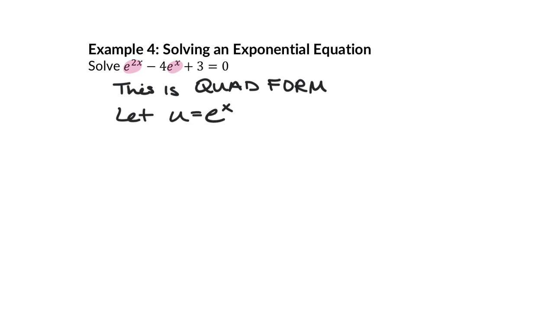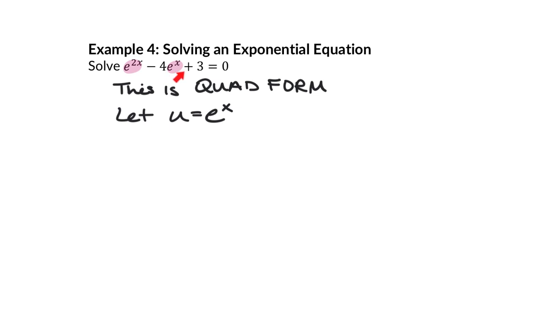If you think back to chapter 1, this is in quadratic form. When we solved quadratic form equations or polynomials, we needed to substitute something into the equation so that we could factor it easier. So what we're going to do is let u be equal to e to the x. Why e to the x, you ask? Great question.